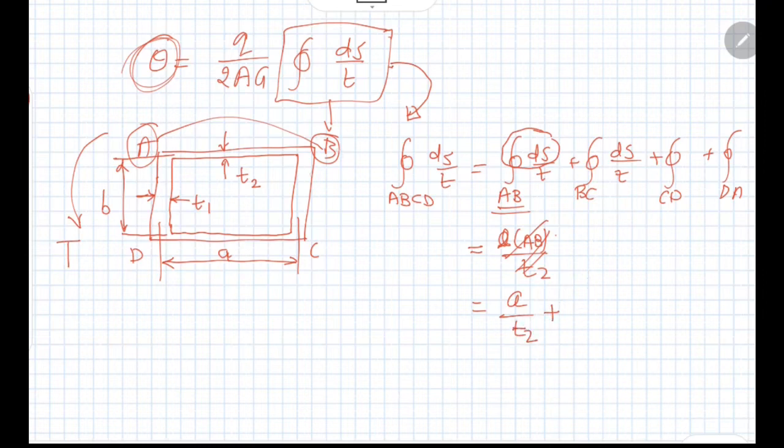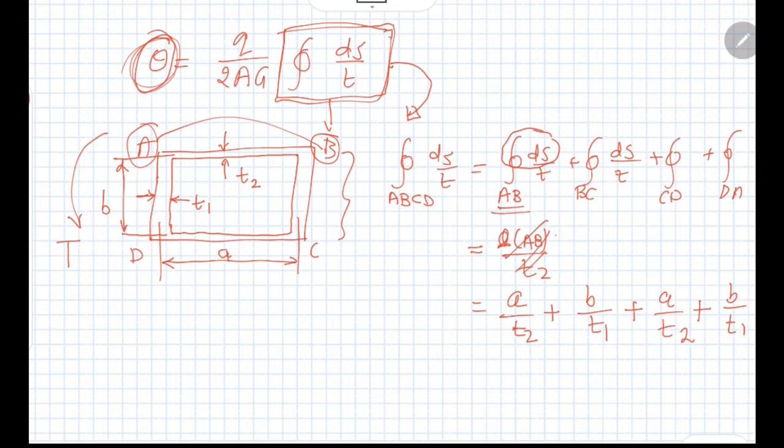Similarly, the next part, from B to C, can be written as the length of that path, that is small b, divided by thickness T1, plus from C to D it is a divided by T2, plus D to A, which is b divided by T1. In this fashion, we can calculate the path integral required in the calculation of the angle of twist.